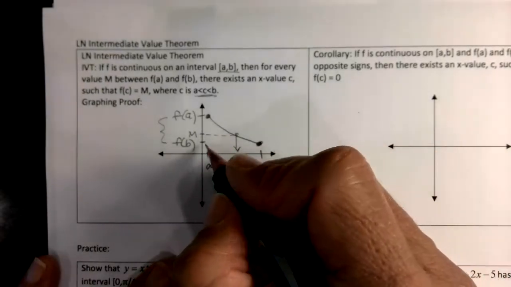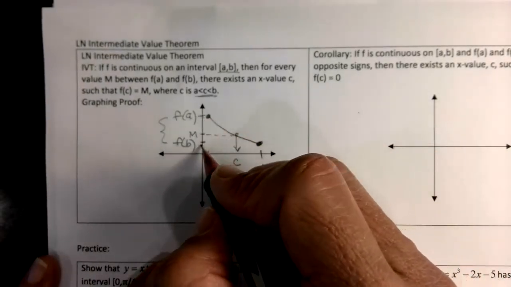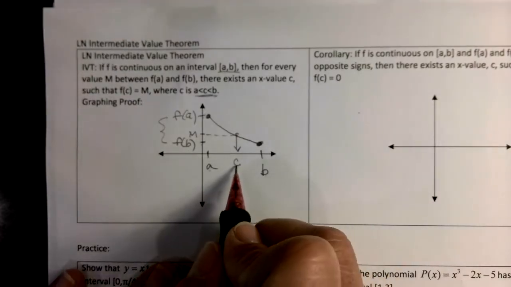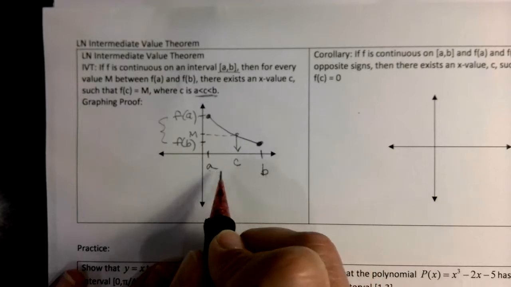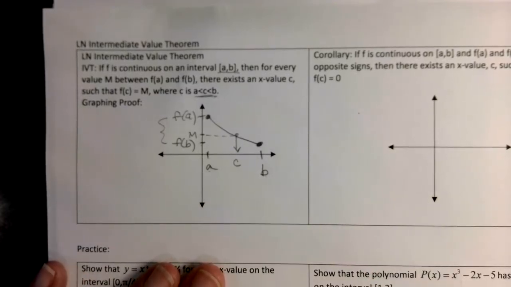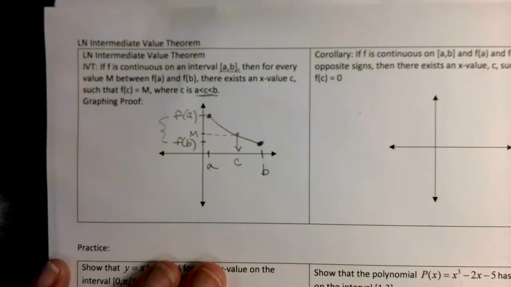So your function will take on every single value between f of a and f of b, and it will do that at some x value that is between a and b. Intermediate value theorem.